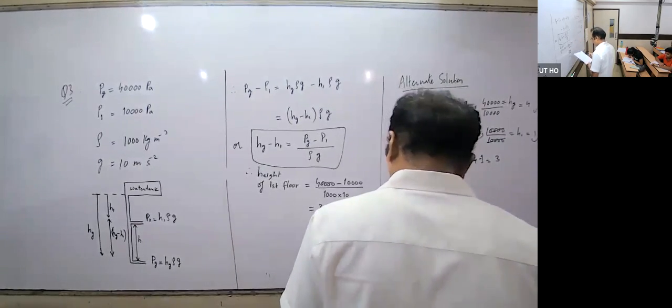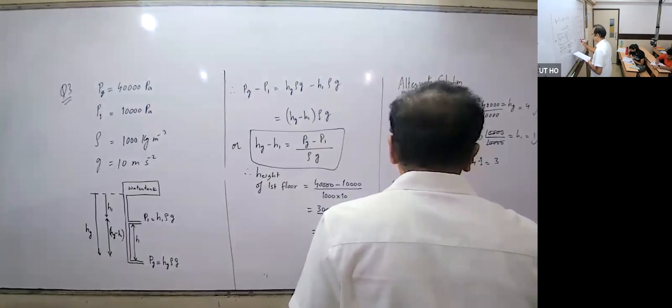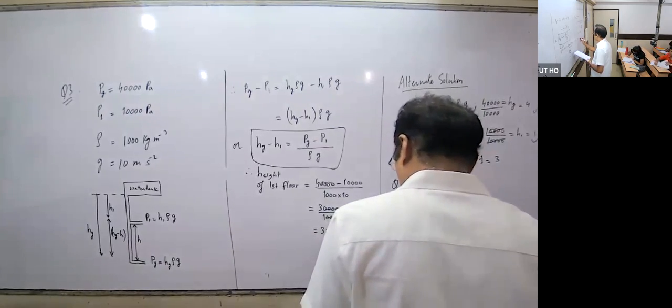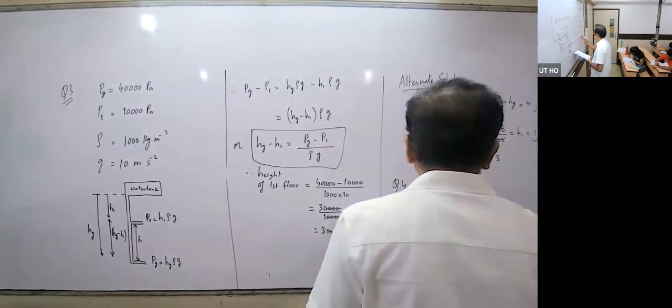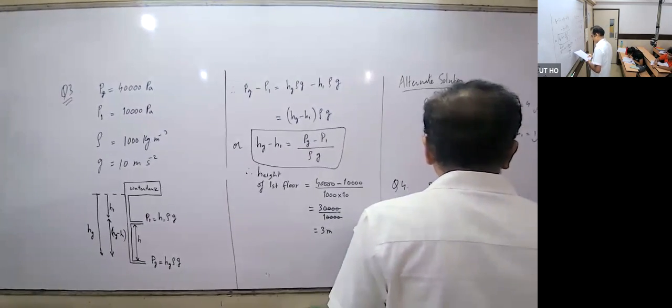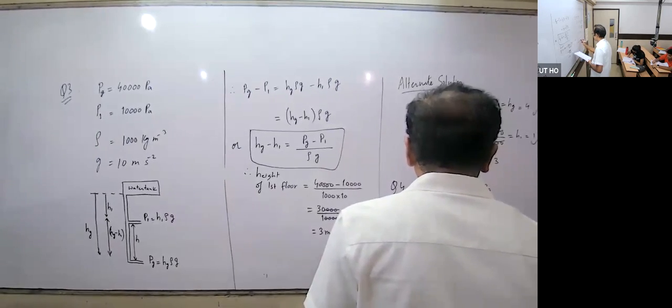What do we have? Given at sea level, P0 is 1.04 into 10 raised to 5 Pascal. G is equal to 10 meter per second square.